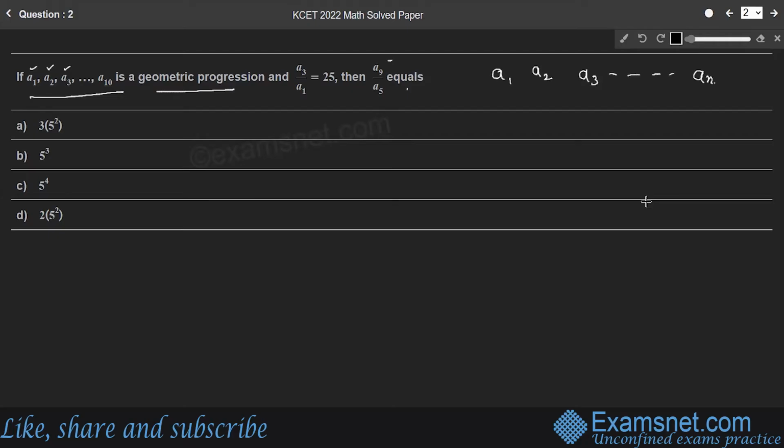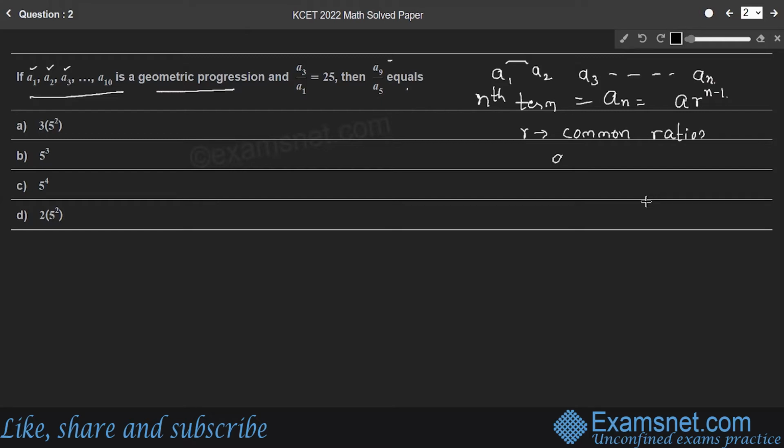Then the nth term of a geometric progression, the formula says, an is always a into r raised to n minus 1, where r is the common ratio, that means the ratio between consecutive numbers.